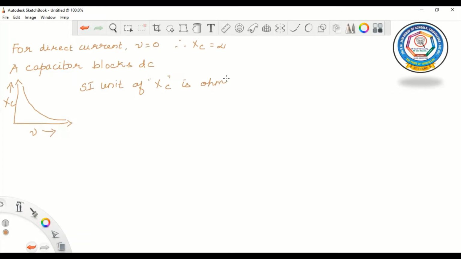Now, again, here we are going to discuss power in a purely capacitive circuit. Okay.